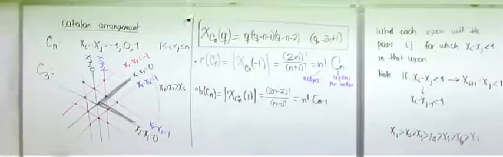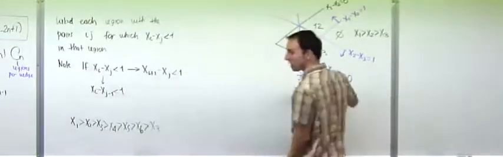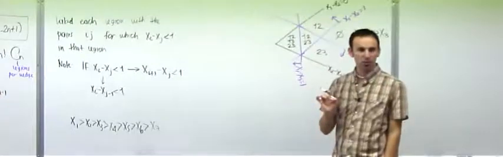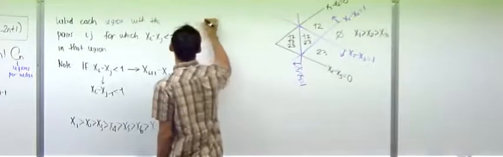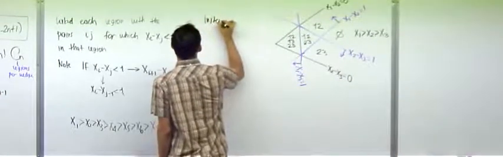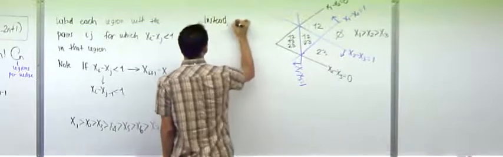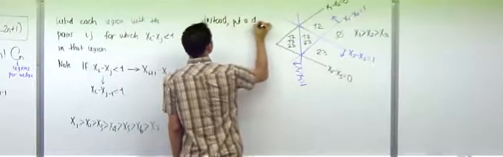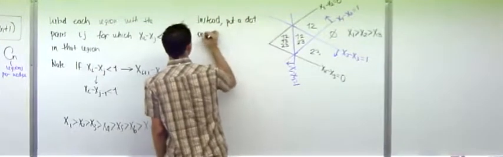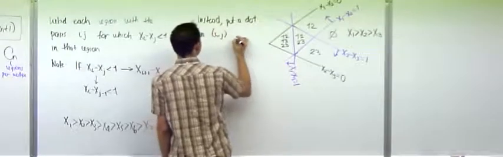Okay, so I have these two properties. What I'm going to do now is a little bit different. Instead of making this whole list, I'm going to just make a bunch of little dots. I'm going to put a dot on ij.